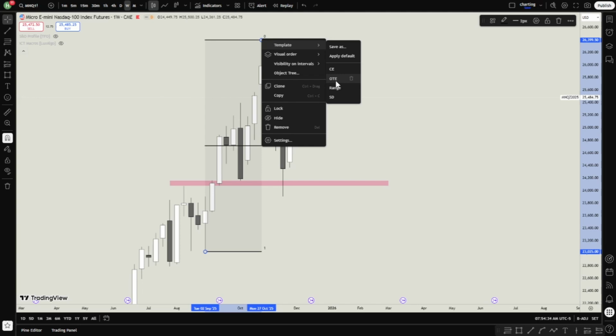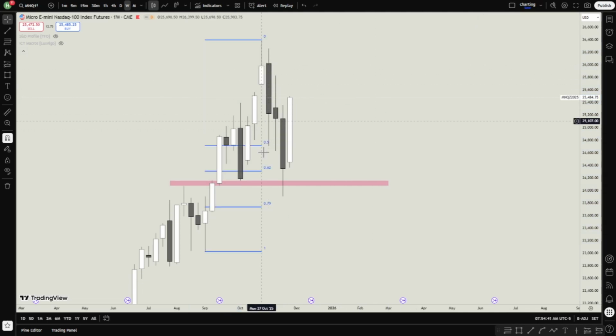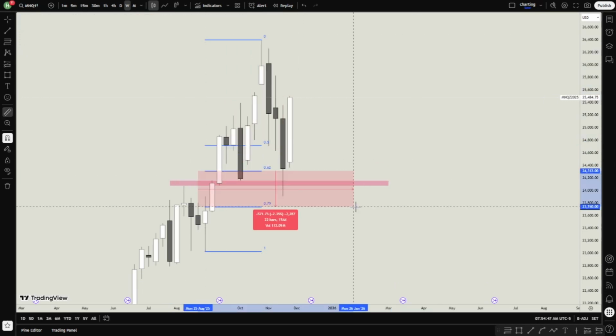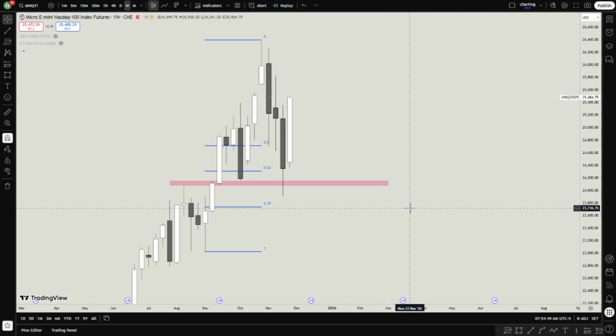We have four reasons for market moves: hunt liquidity, generate liquidity, rebalance inefficiency, and rebalance the equilibrium. At the moment, as you can see, we have this bullish range, and we already tapped the equilibrium price range and the optimal trade entry area, which is OTE. And also we have these monthly fair value gaps.